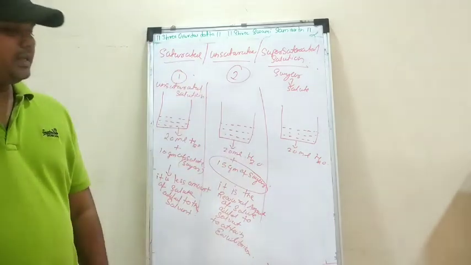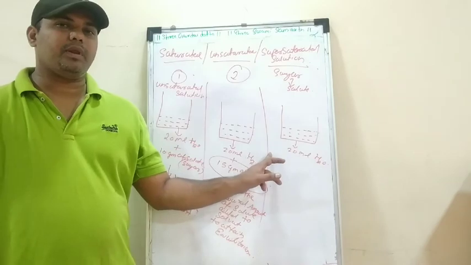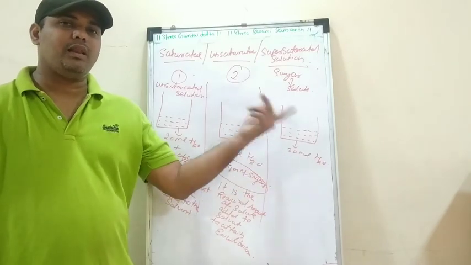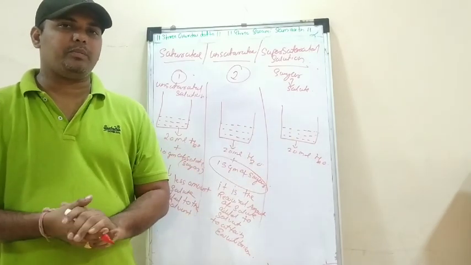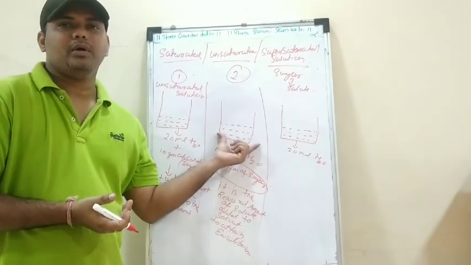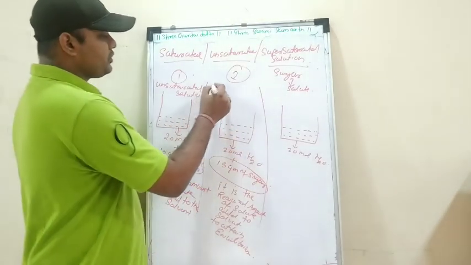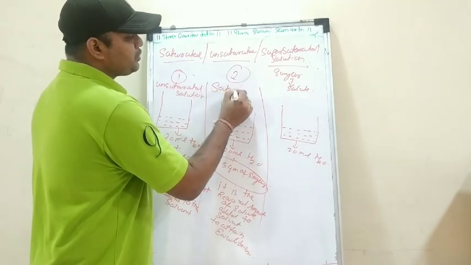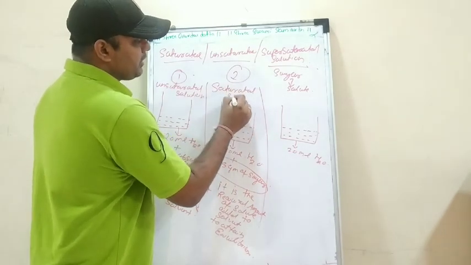So here we can say that it has attained the equilibrium. Now no further addition will take place. That means if you add further sugar, it will start crystallizing now. So such kind of solutions are called the saturated solutions.